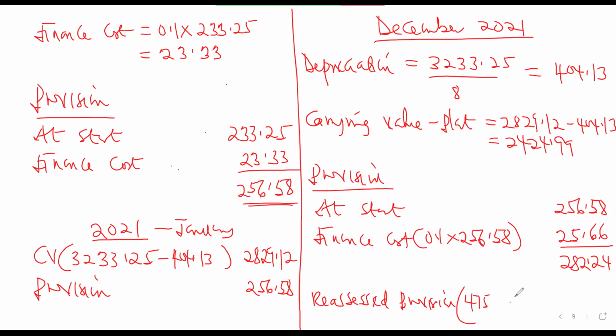So we have 475 multiplied by 1 over 1.15 exponent 6, isn't it? Okay, how much are we getting? 205.36. This is supposed to be the present value of our provision.